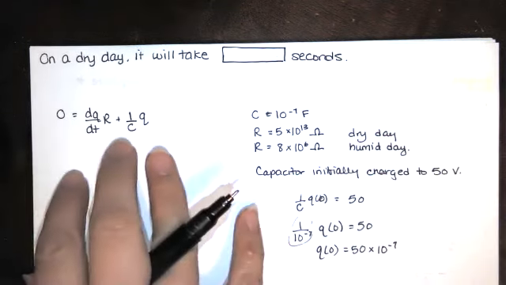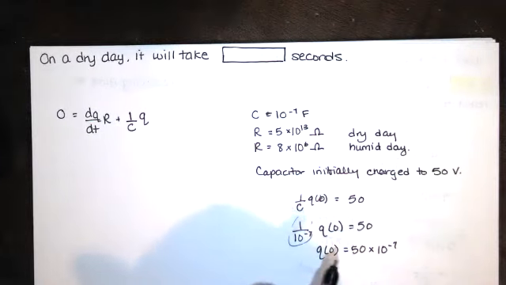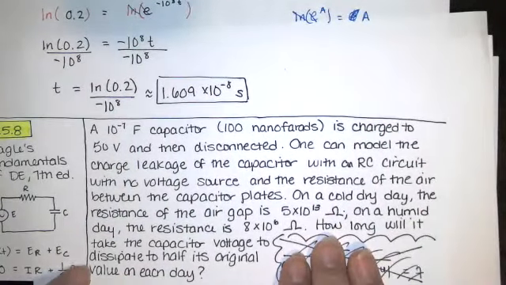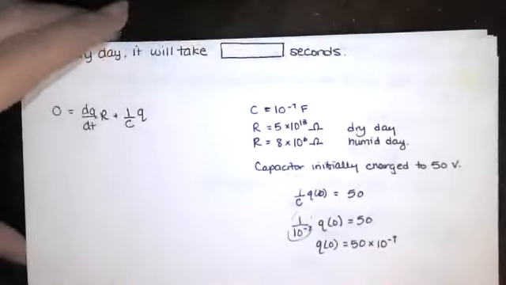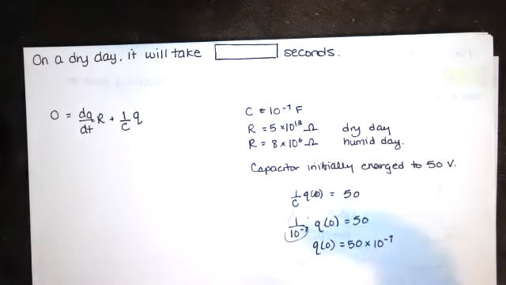So we're going to answer the question for the amount of time that it would take for the capacitor voltage to dissipate to 25 volts. We're going to do that twice, for this resistance for a dry day and this resistance for a humid day.